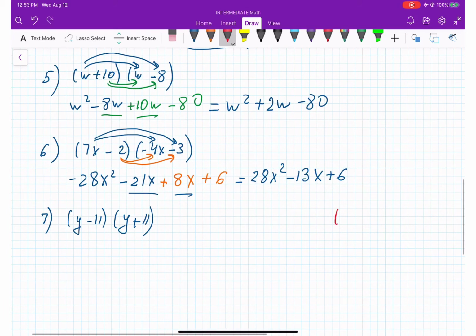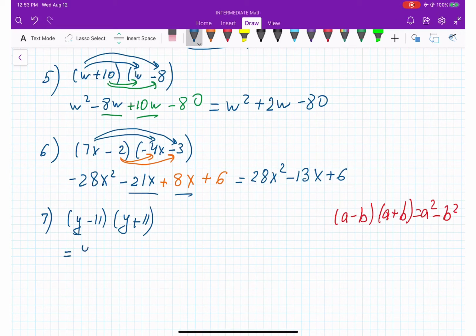So I'm writing down a minus b times a plus b is equal to a squared minus b squared. Okay, so if I have y, it's going to be y squared, and minus 11 squared, right? 11 squared, that's going to be y squared minus 121. All right?